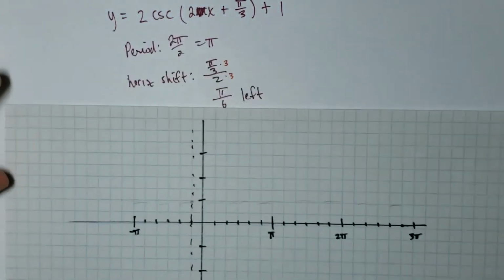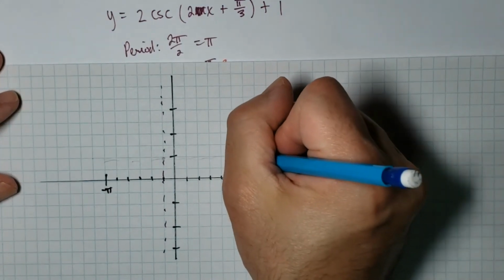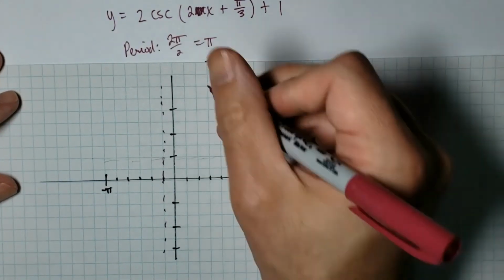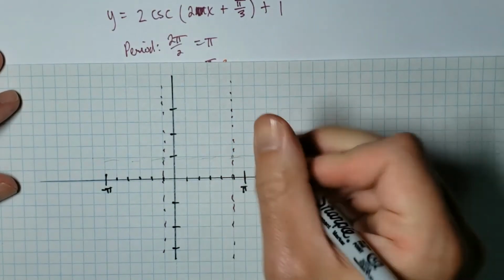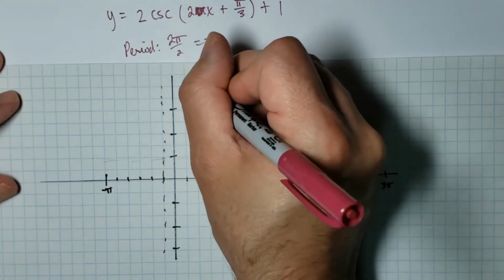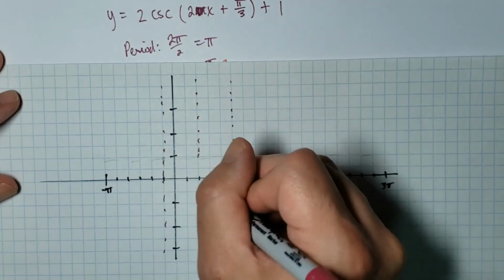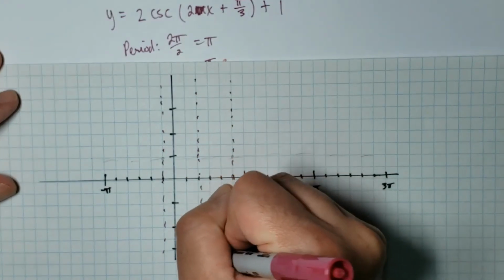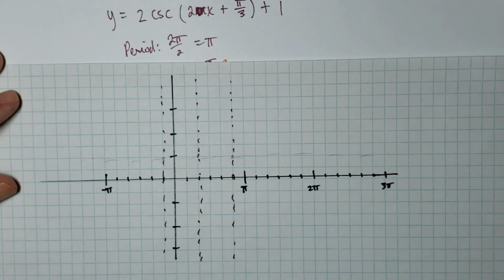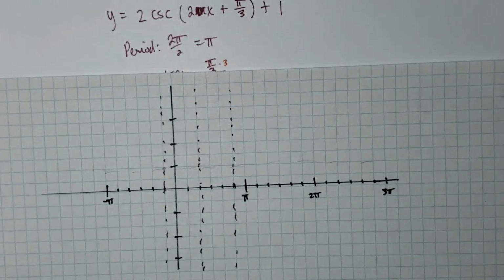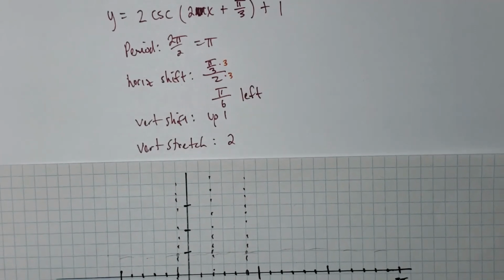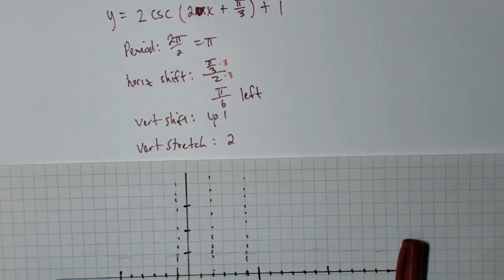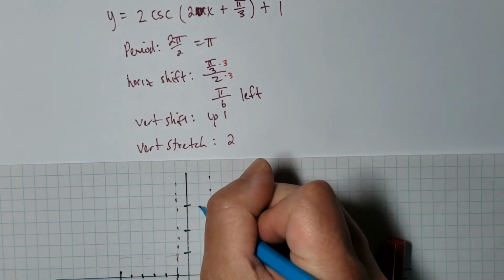And then I move over my period, which is pi, so it would be right here. That's my second asymptote. And then in the middle would be my third asymptote. And then I need to go up to my maximum, so it's a vertical stretch of 2. The amplitude of sine would be 2, so I would go up to here.